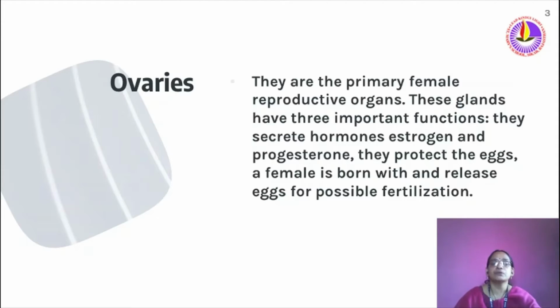A female is born with eggs, and the ovaries release them for possible fertilization, starting at the time of adolescence. One ovum or egg is released every month by either of the two ovaries, left side and right side functioning alternately.